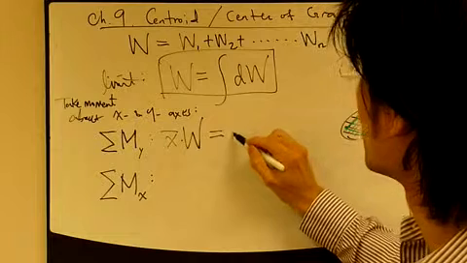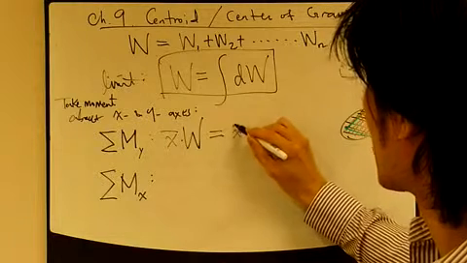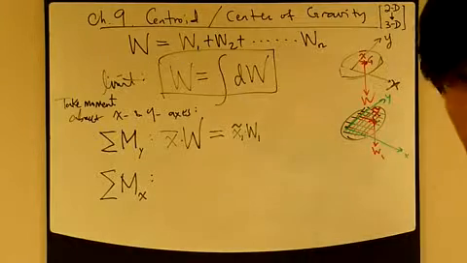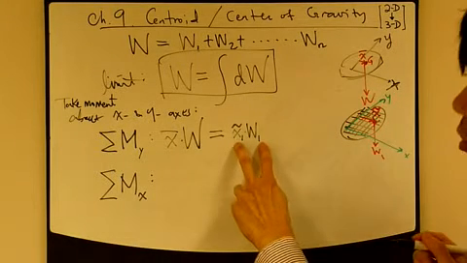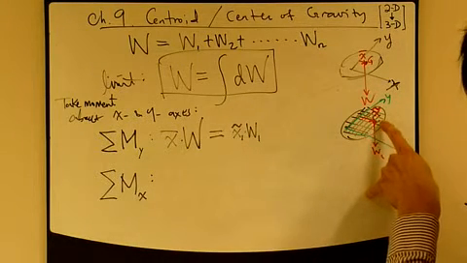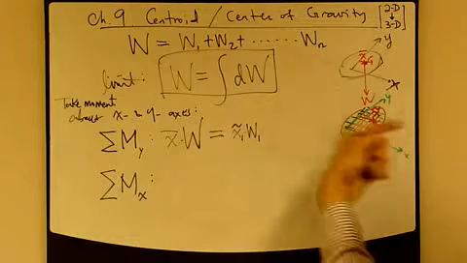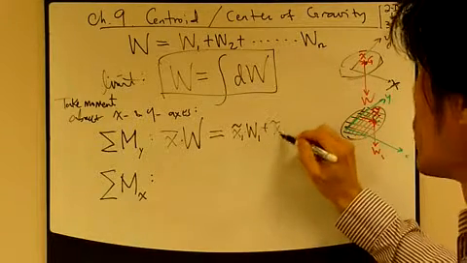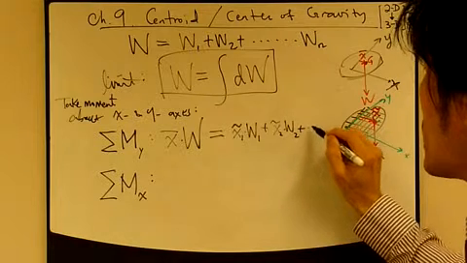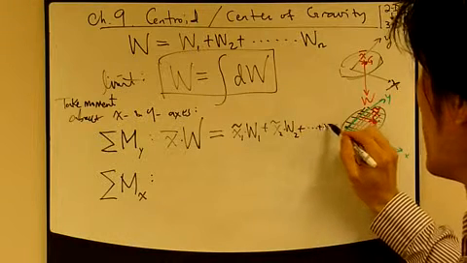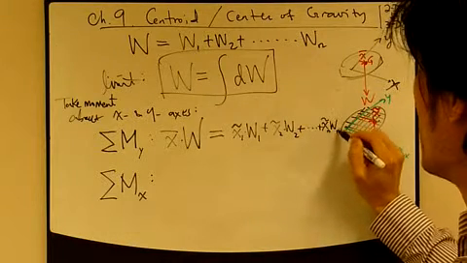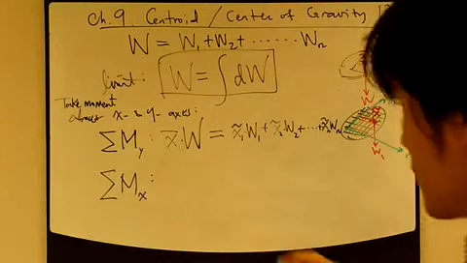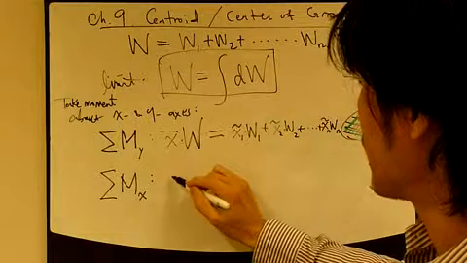So this equals x tilde 1 times W1. That's the moment of this tiny piece about the y-axis. Just keep going: x tilde 2 times W2 plus so on, until you sum up everything. Same thing for x-axis.